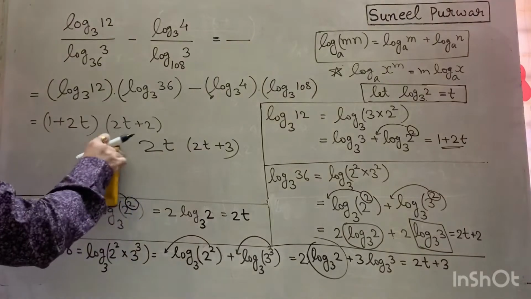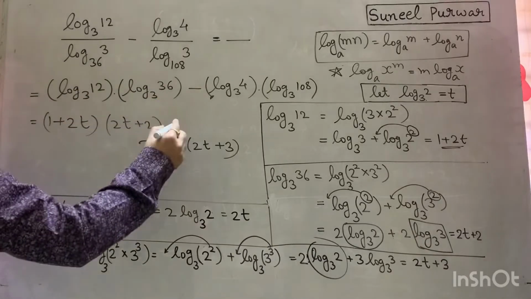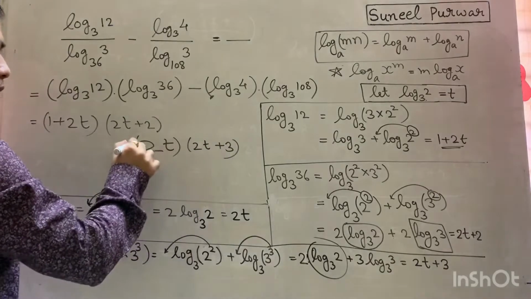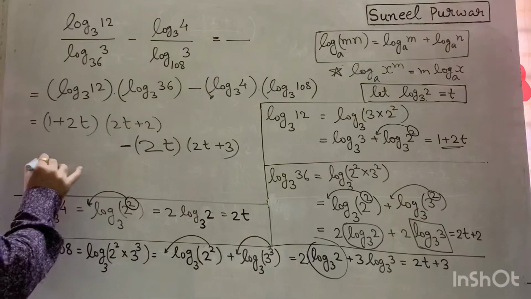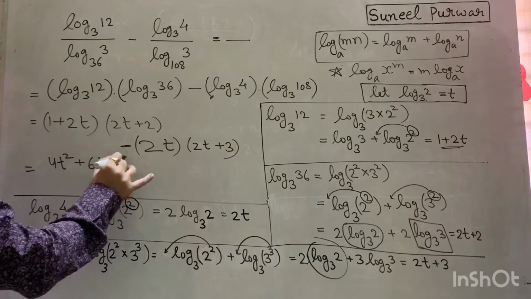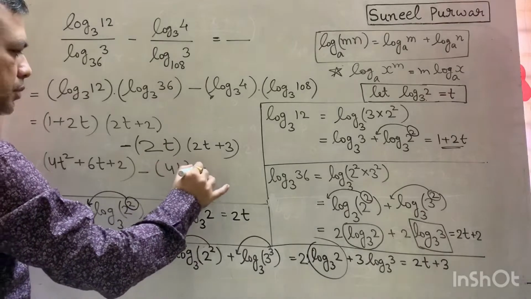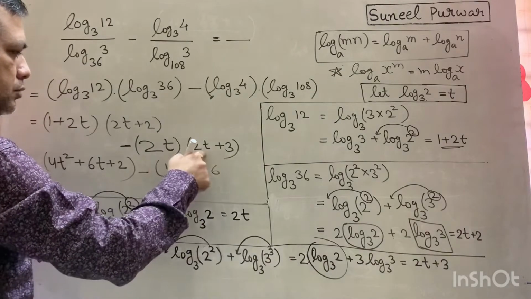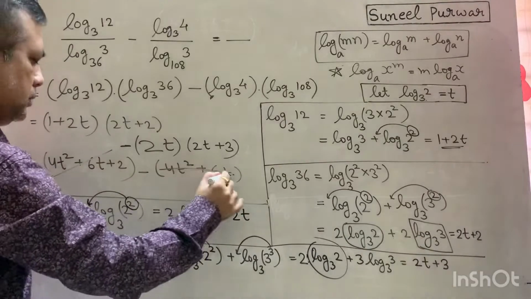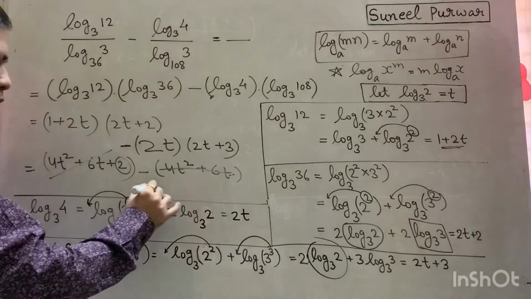Now simplify this. So this log value, then this log value, minus the product of these two log values which I have written here. On simplifying you will get 4t square plus 6t plus 2, and on multiplying this you will get 4t square plus 6t, which will cancel, and what is left is only one term with the numerical value 2.